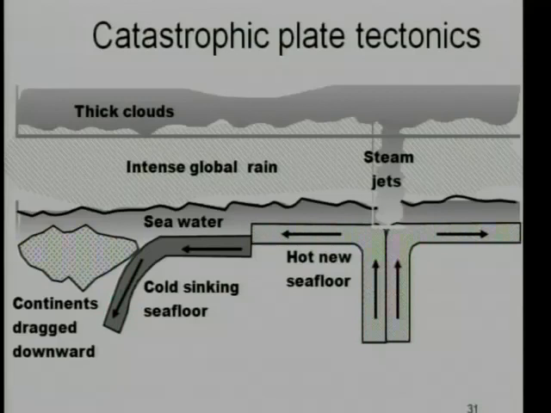And while all that's happening, in the middle of the ocean, where the plates are separating, you're getting new seafloor being made as the mantle from underneath comes up in contact with the water. And that rock is initially hot, which means it's less dense, so it sits higher on the mantle.